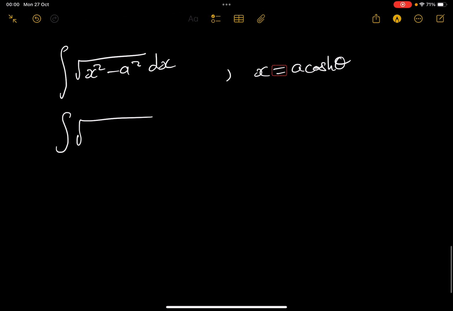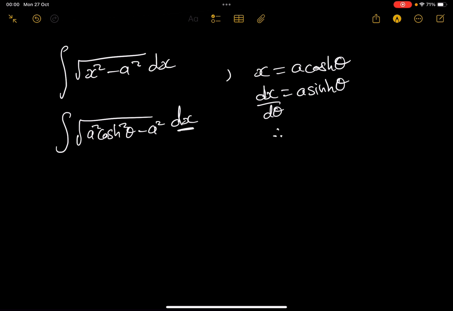So we're going to have root a squared cos squared theta minus a squared dx. But then we need to deal with dx. So dx over d theta is equal to what? A sin theta. Therefore dx is equal to a sin theta d theta.